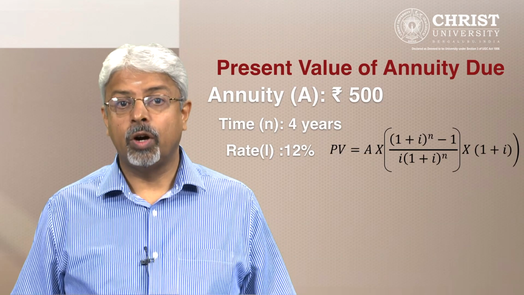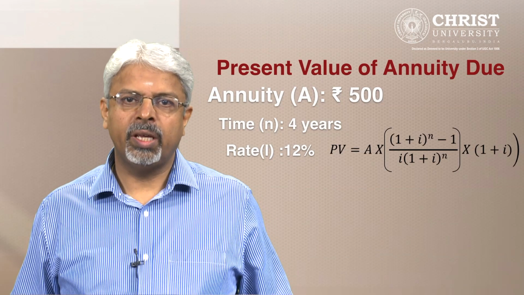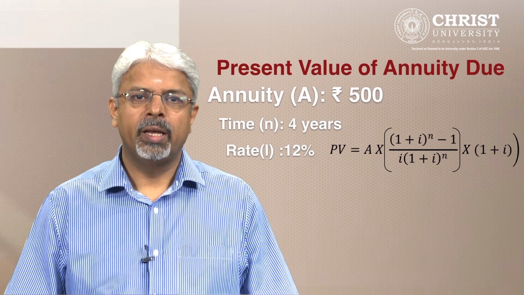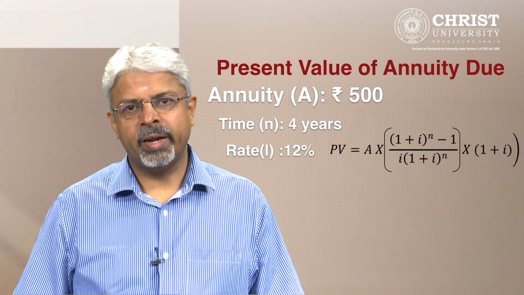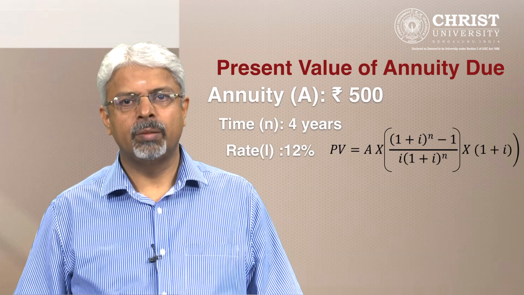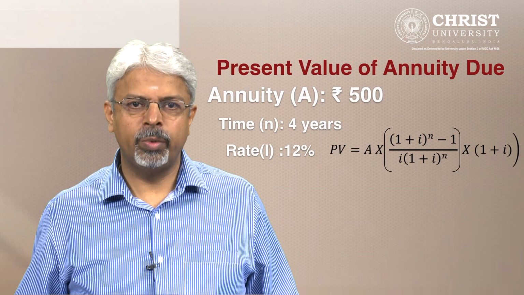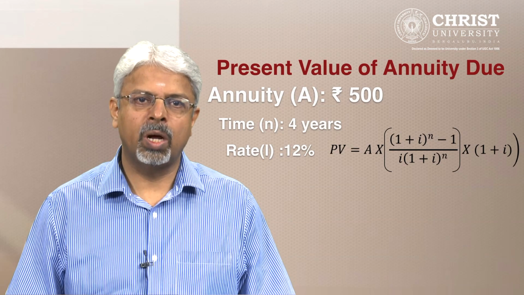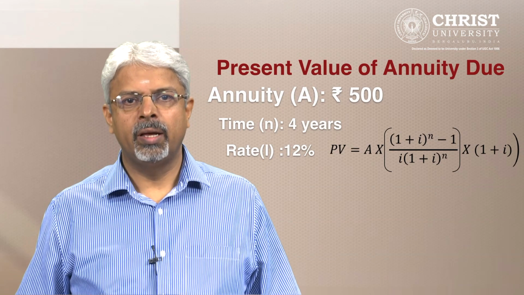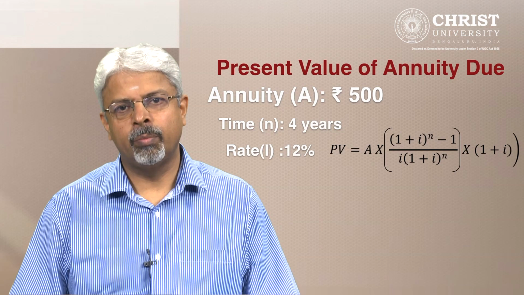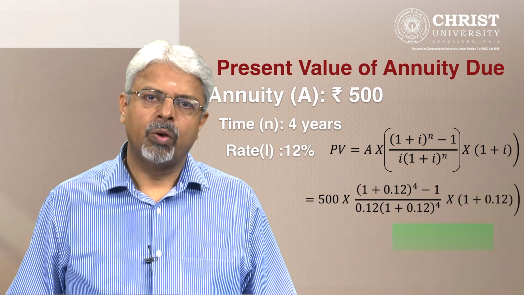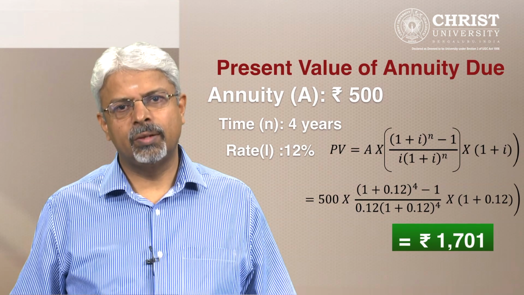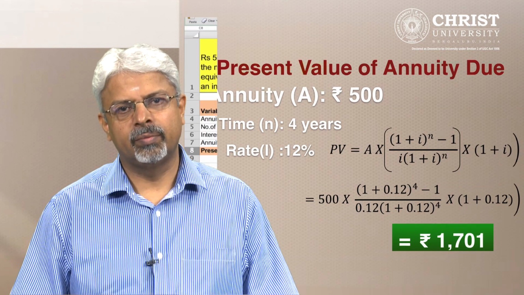Therefore, the formula would read as annuity A multiplied by, in the numerator, open bracket (1 plus I) raised to n close brackets minus 1. The denominator would be I multiplied by (1 plus I) raised to n and the entire thing multiplied by 1 plus I. By substituting the numbers, we would get rupees 1,701 as the answer.